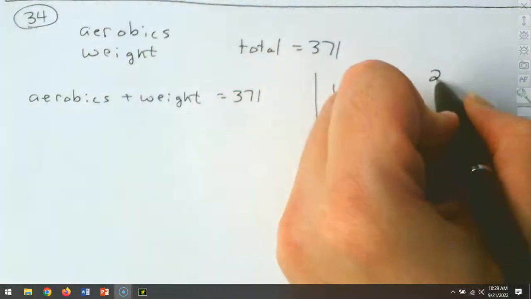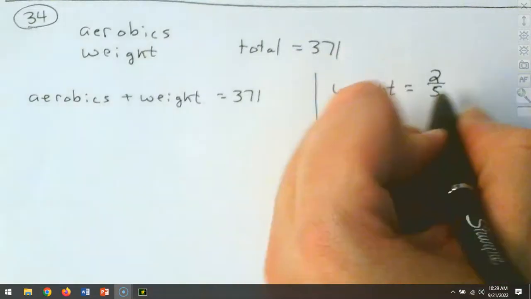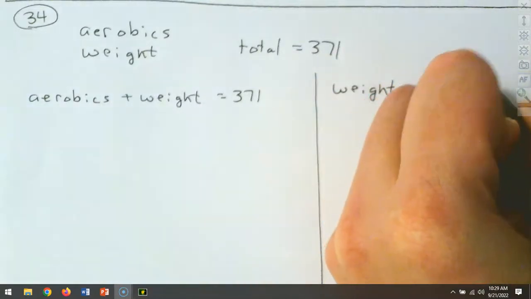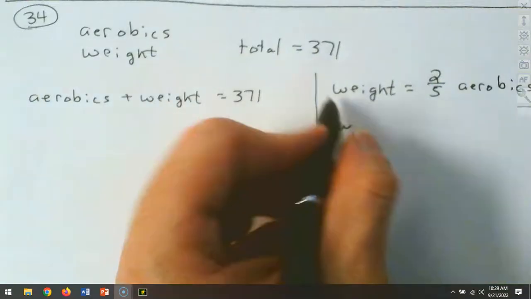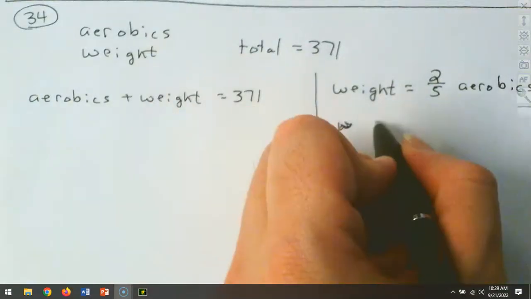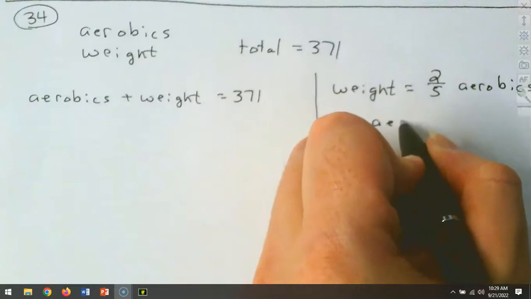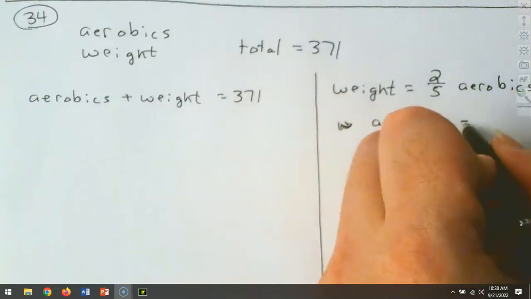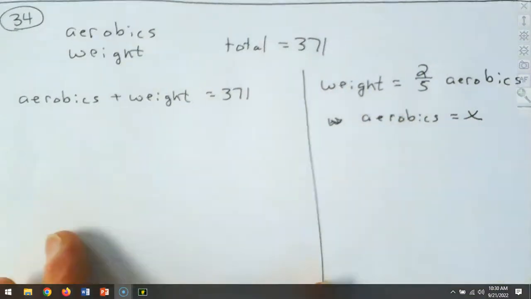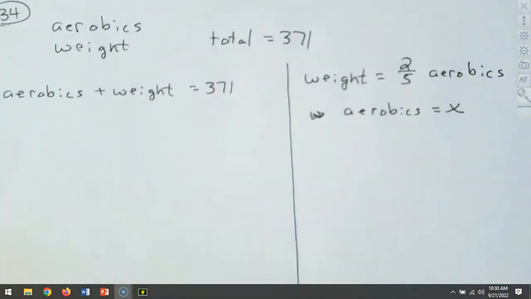So that's 2/5 times the aerobics. And weight and aerobics we don't know, so that's going to be our x. Is everyone okay with that? So weight training is 2/5 of the aerobics.